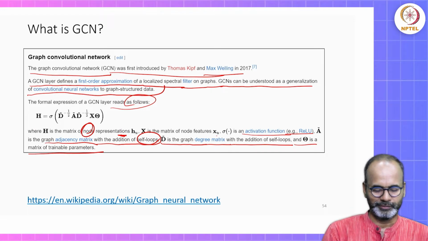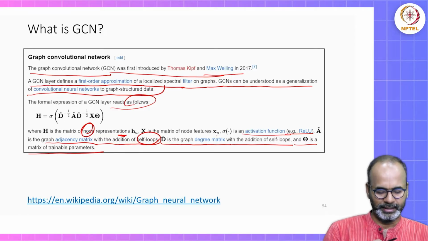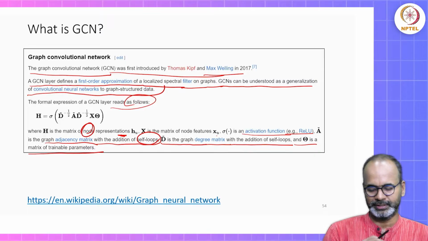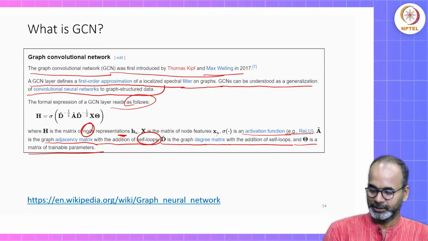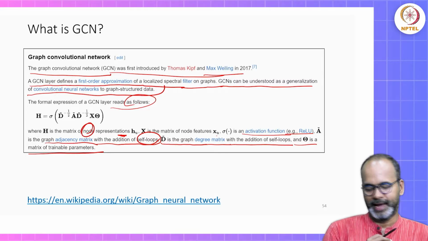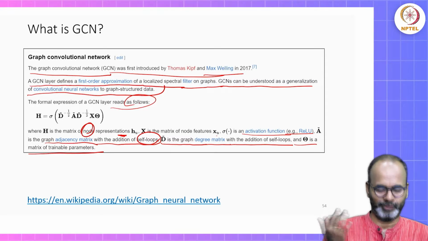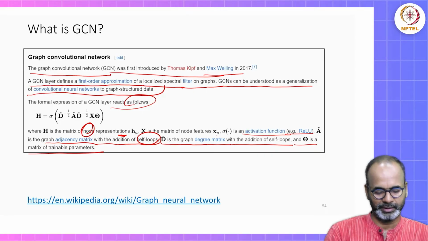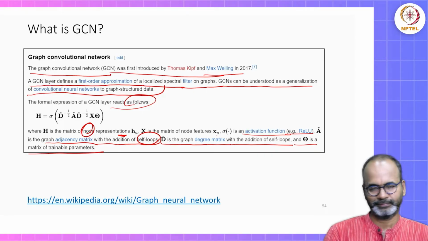So if you keep all of this in mind: node representations, node features, activation functions, adjacency matrix, degree matrix, and trainable parameters, that's what a GCN layer is.